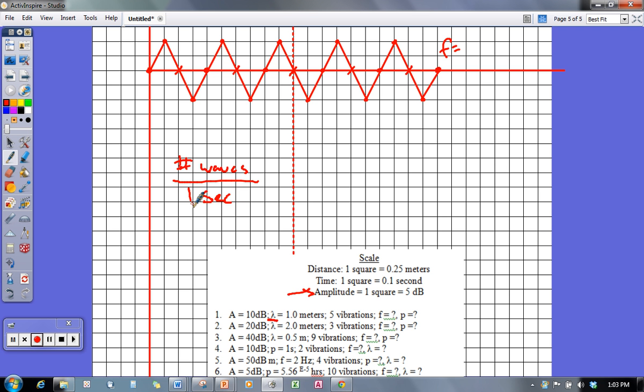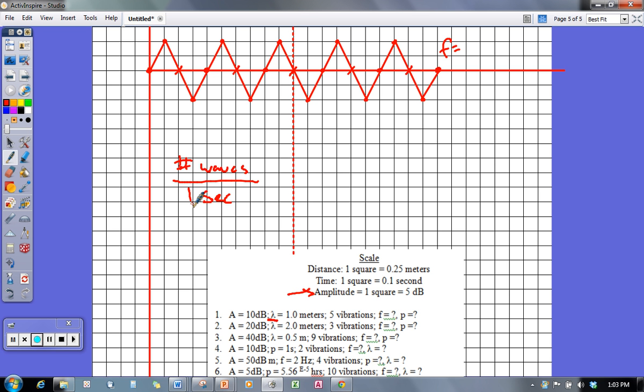Now, in the video, the notes, how did we find the frequency? You add the crests and the troughs in the 1 second and then divide by 2.